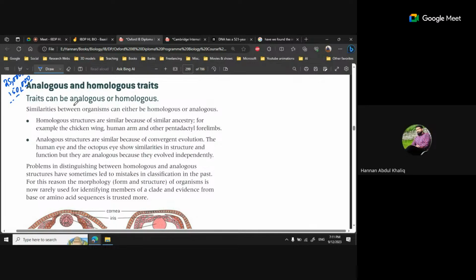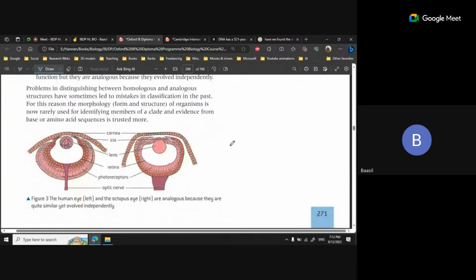And analogous are those that may have the same functions, but their anatomy is different, because of separate ancestry. Do you need an explanation for that, or is it enough? I remember we discussed the analogous structures, for example, wings of a fly and a bird, different structures with the same function.